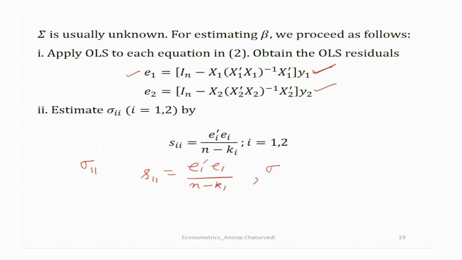Similarly, to estimate sigma 2 2, we use the estimator s 2 2 equal to e 2 transpose e 2 upon n minus k 2. Or in general, we estimate sigma i by s i equal to e i transpose e i upon n minus k i for i equal to 1, 2.